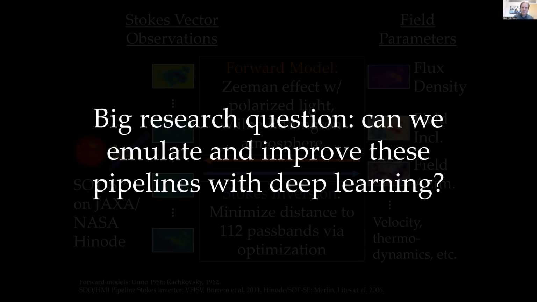The big research question that I've been interested in for the past few years has been: can we emulate and improve these pipelines with deep learning? Although I'm showing you a single slide to illustrate the idea, saying you just do it by optimization, these are generally quite complicated pipelines, with tons of calibration and tons of technical details.